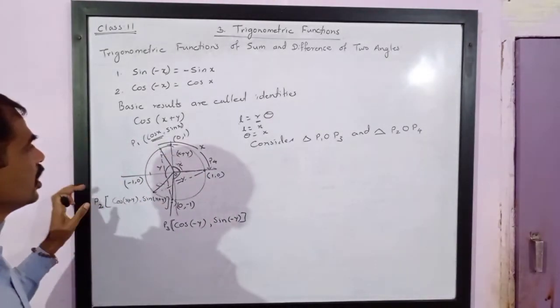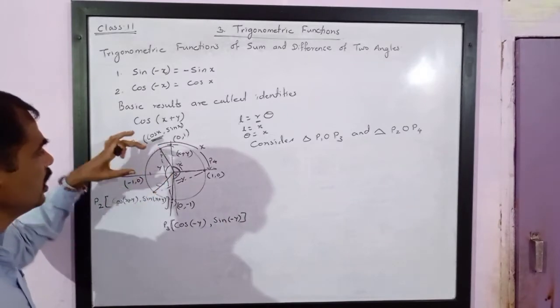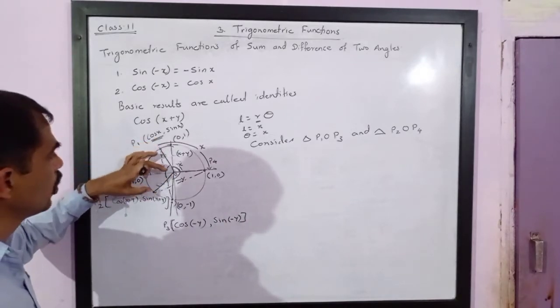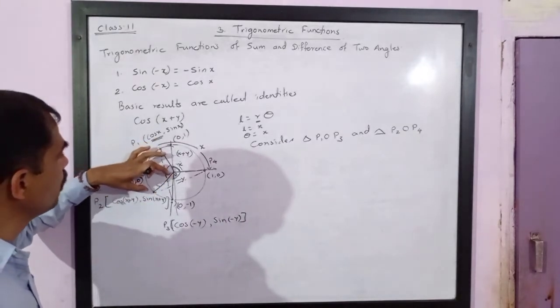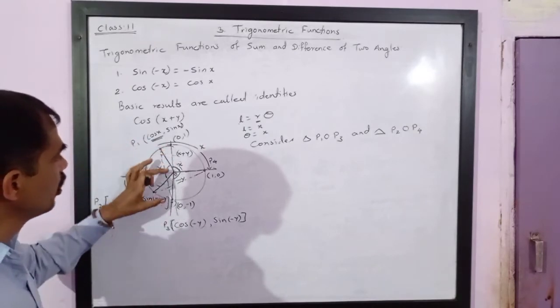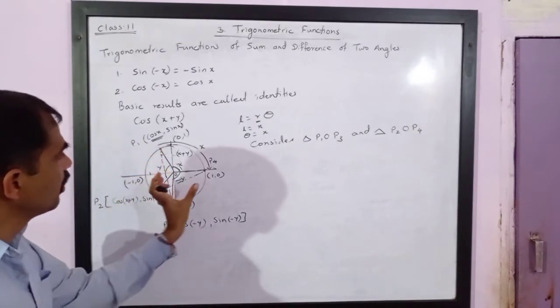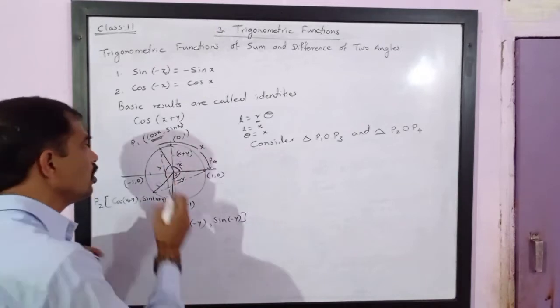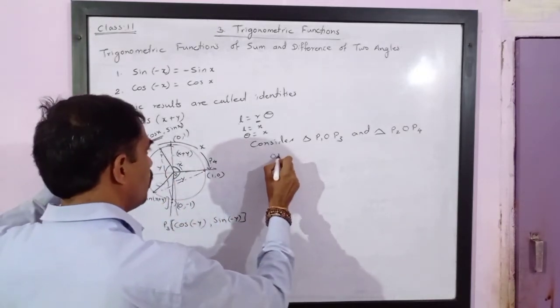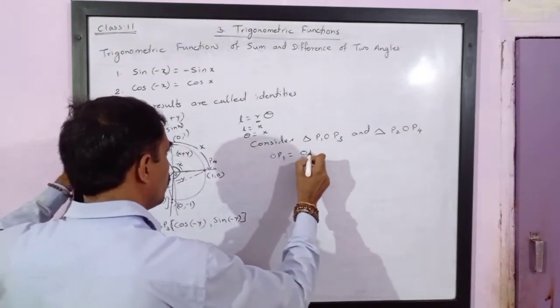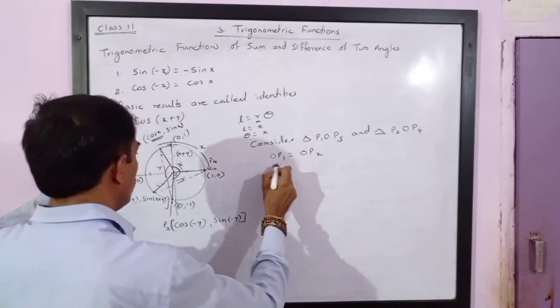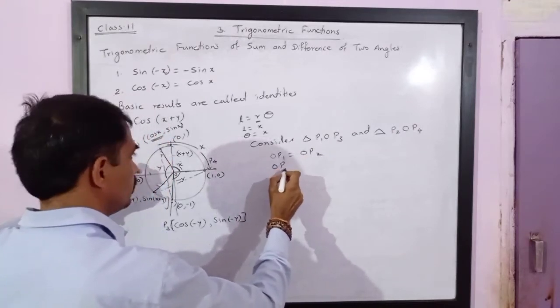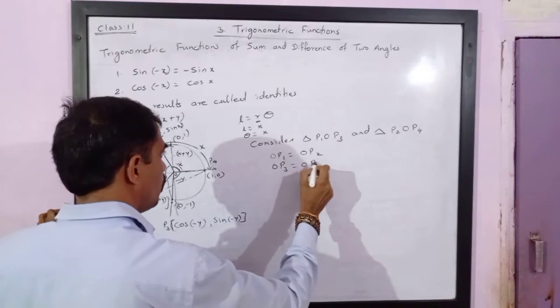Now in this, you can see OP1 is equal to OP2 and OP3 is equal to OP4. So we will get OP1 is equal to OP2, OP3 is equal to OP4.